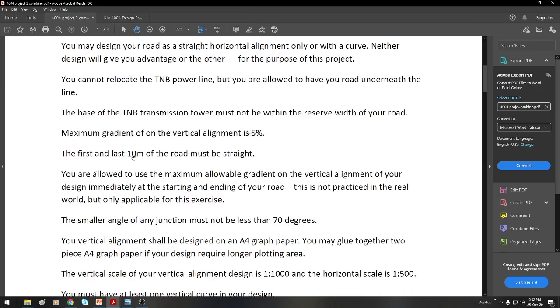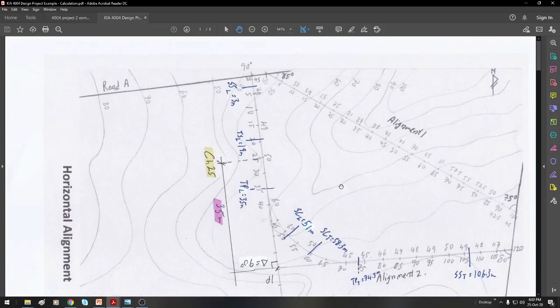The first and the last 10 meters of the road must be straight. Okay. So before you reach this corner, if your design is a straight one, no problem. But if your design has corners, has a curve, then the distance between point SS here to the start of the road must be minimum 10 meters. Okay, so in the example here, the distance is only 3 meters.